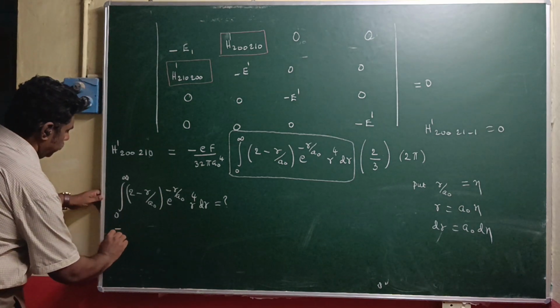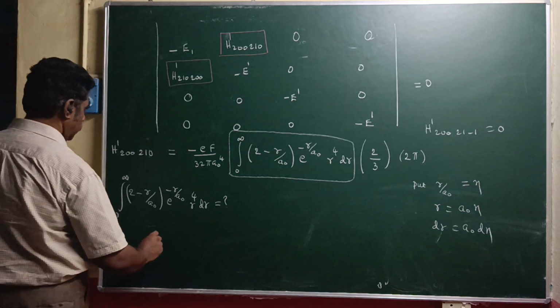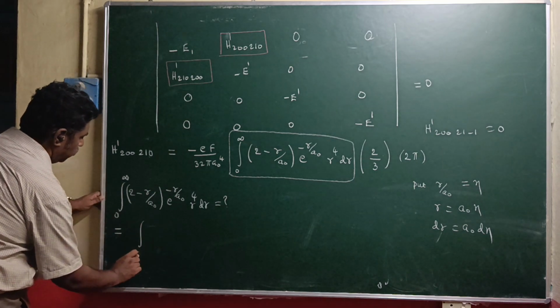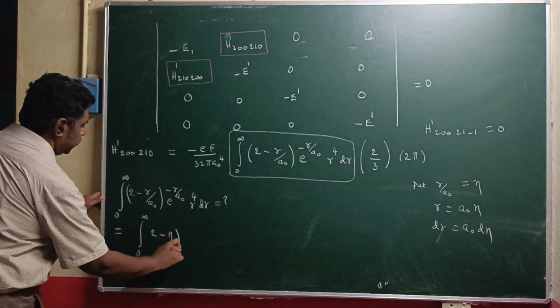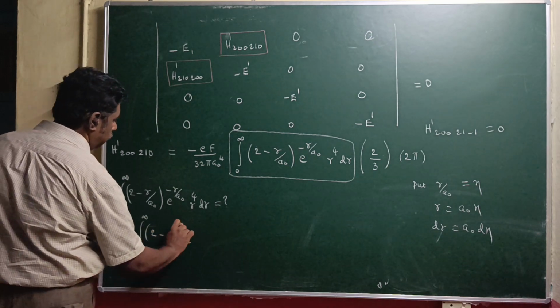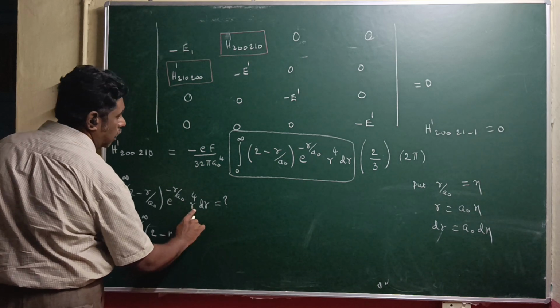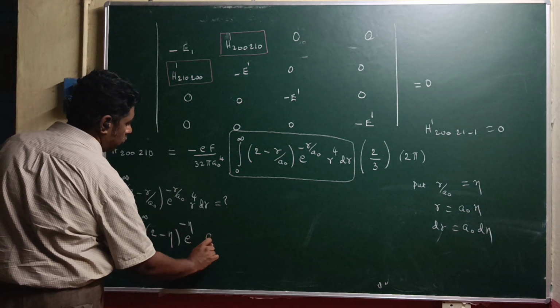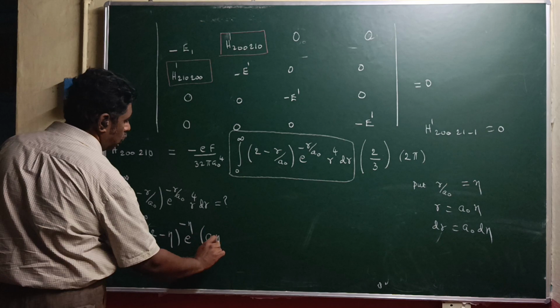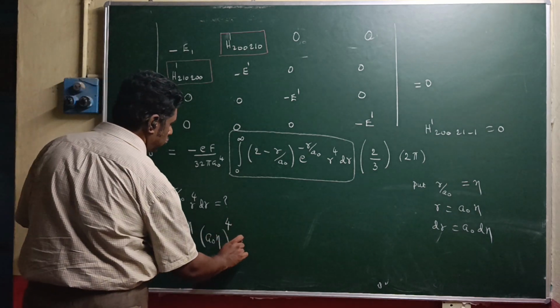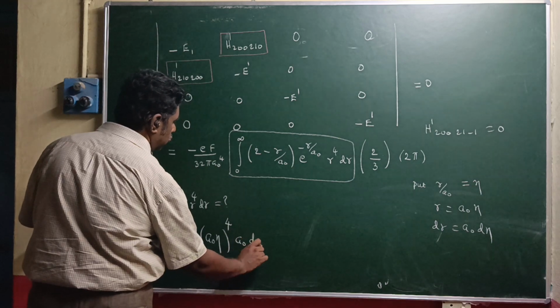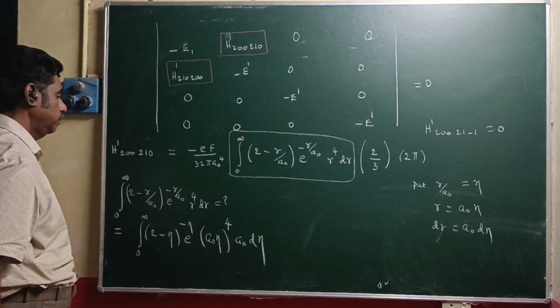This is equal to integral, limit varying from 0 to infinity, (2 minus eta) e power minus eta, r value is (a0 eta) whole power 4 because r power 4, then dr is a0 into d eta.